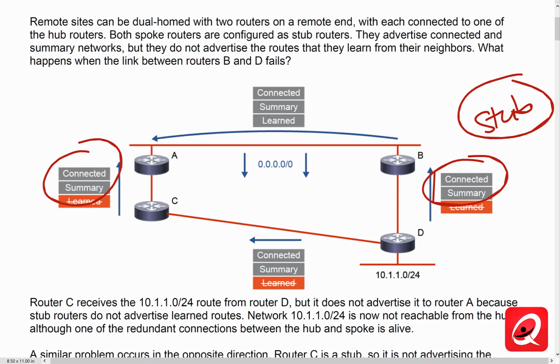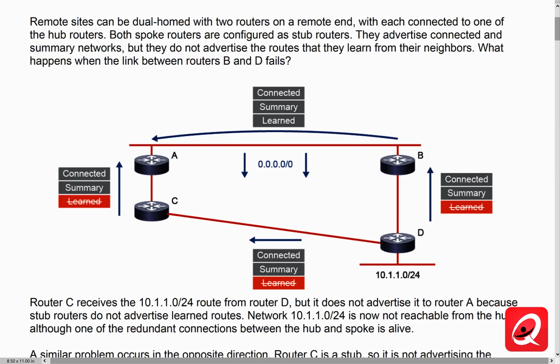Okay? What happens in this particular scenario when the link between router B and D fails? If I'm only advertising connected and summary, router C receives the 10.1.1.0 route from router D, but it doesn't advertise it to router A, because stub routers don't advertise learned routes, at least not by default.